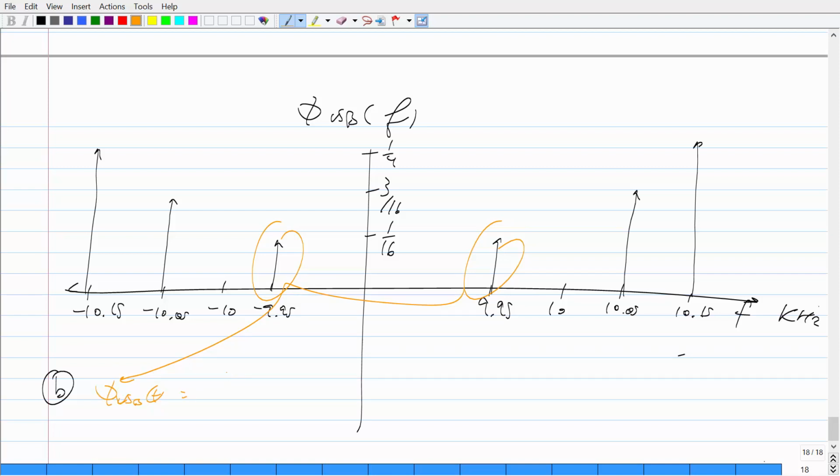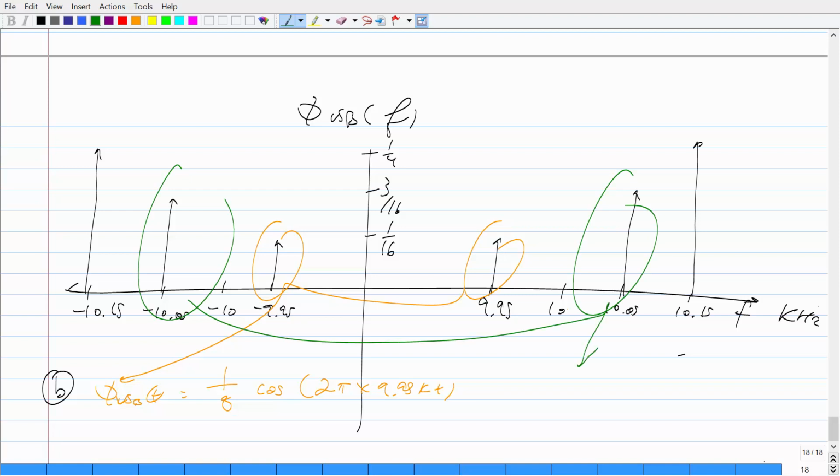We have 1 over 16 at 9.95 kilohertz, and this becomes 1 over 8 because you have to multiply by 2, and then cosine 2 pi times 9.95k. The second ones, you have a frequency of 10.05 kilohertz that are scaled by 3 over 16, so you multiply by 2 and get 3 over 8, and this becomes cosine 2 pi times 10.05k.